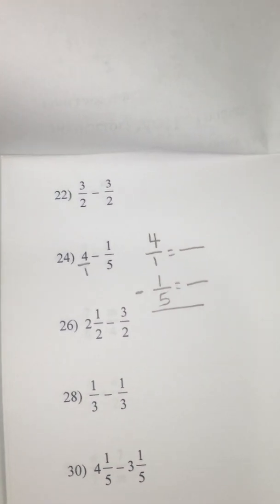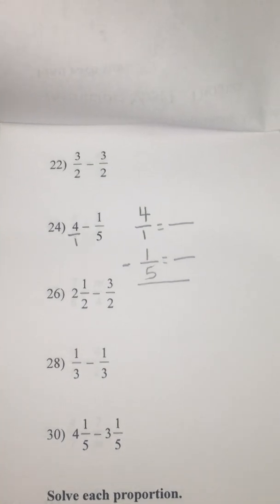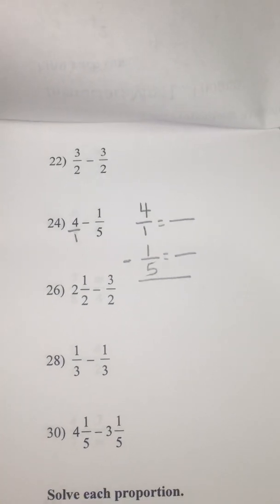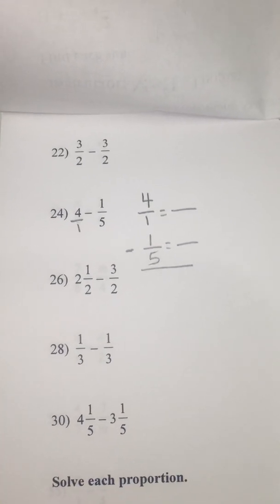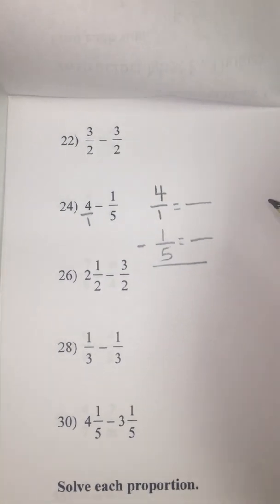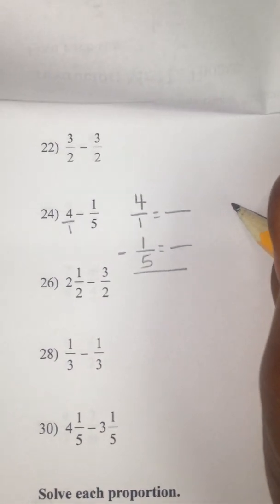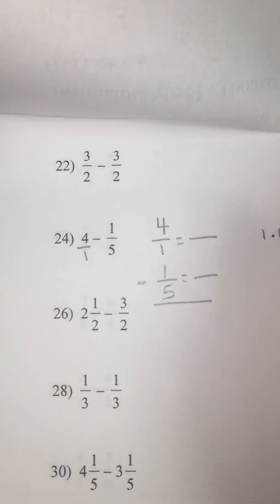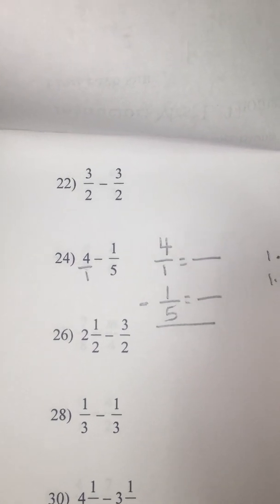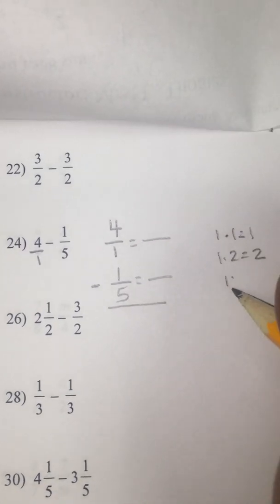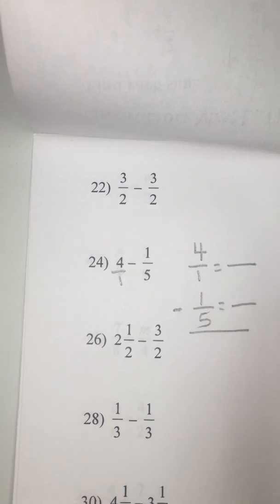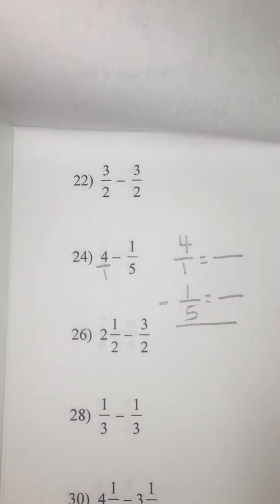Here, I notice that my denominators are different. So I have 1 and I have 5. So I want you to visualize your one-time tables. Okay, now I'll write a few of them out because I'm a visual teacher. Very visual.